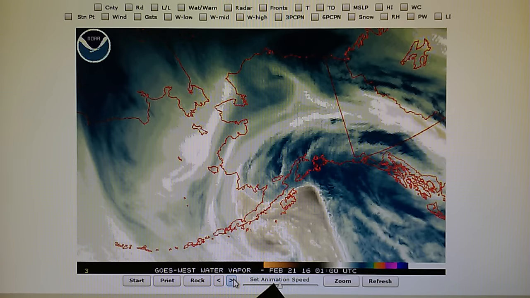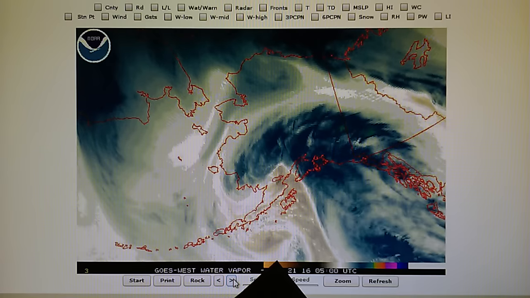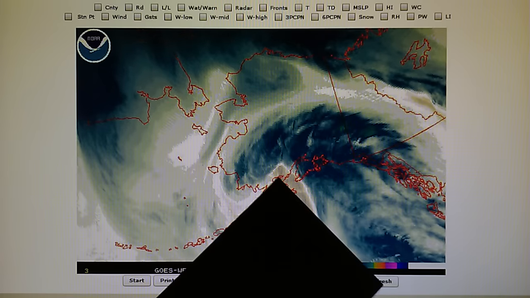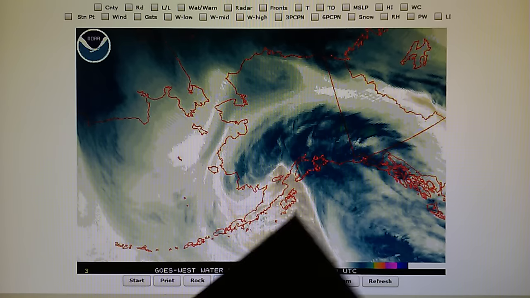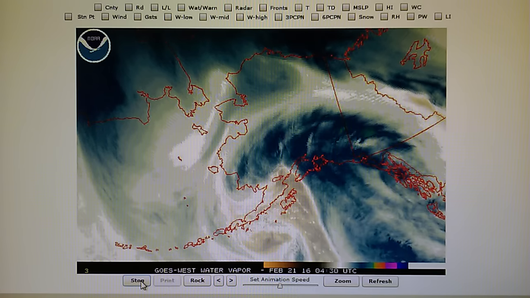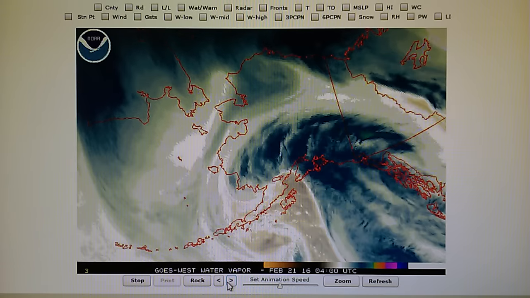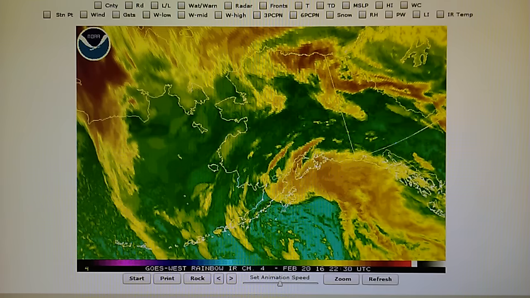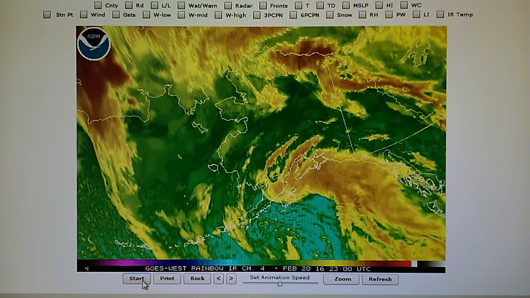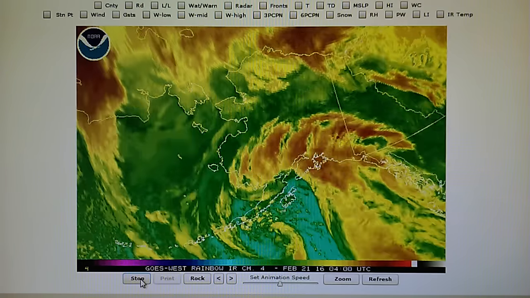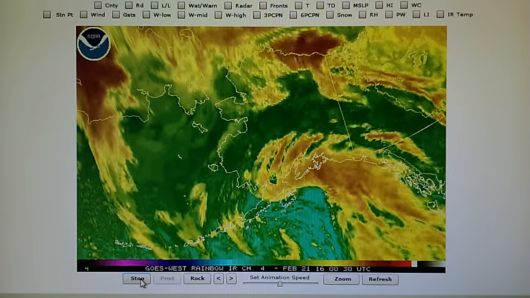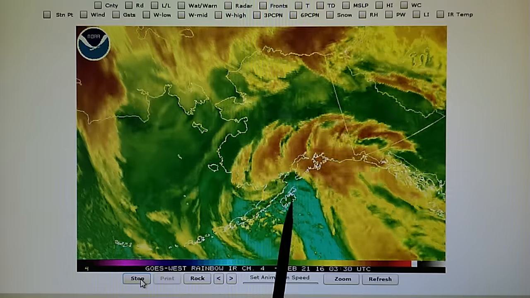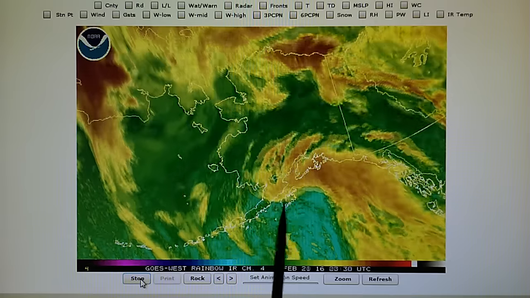Let's just scroll again through. Right there. Okay. All right, let's run the loop. Whoops, wrong way. This is very odd, the way this loop ends. There's obviously some manipulation going on there.